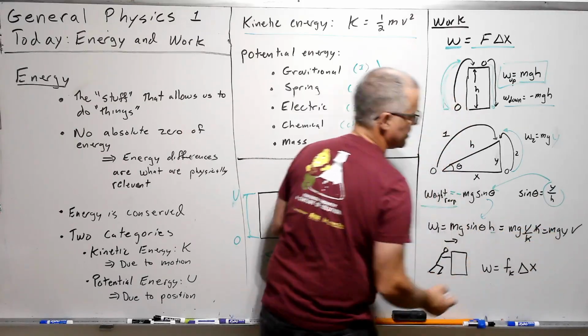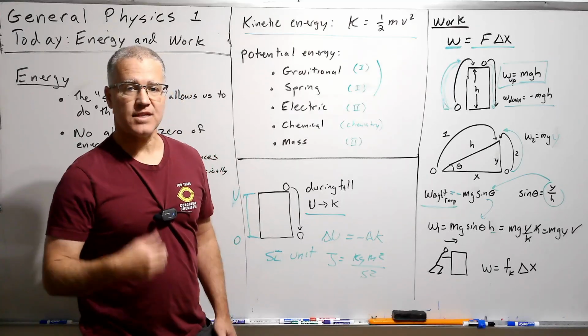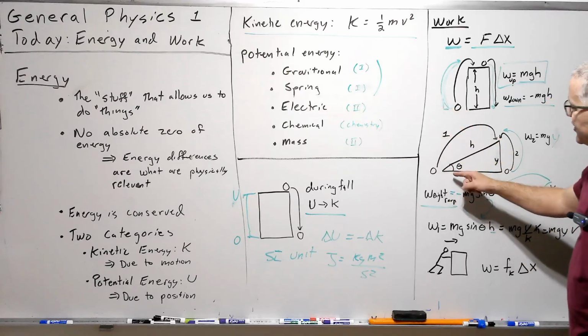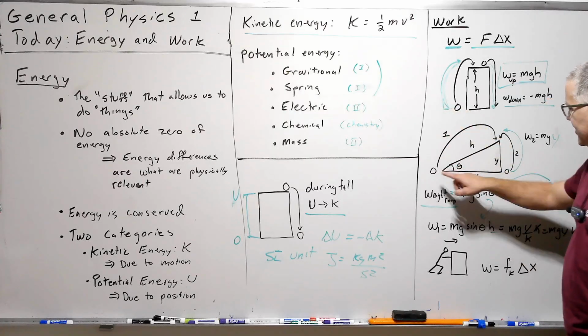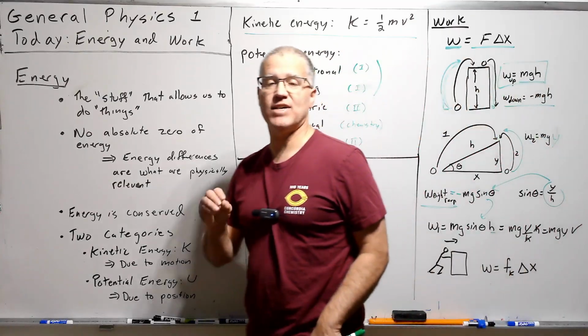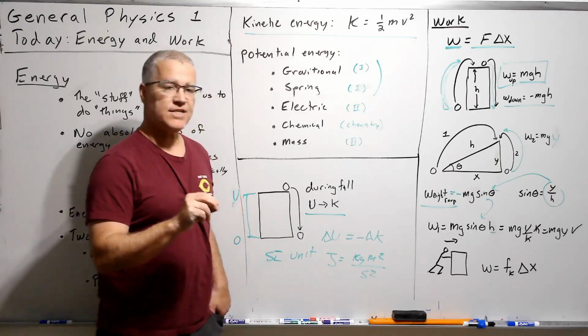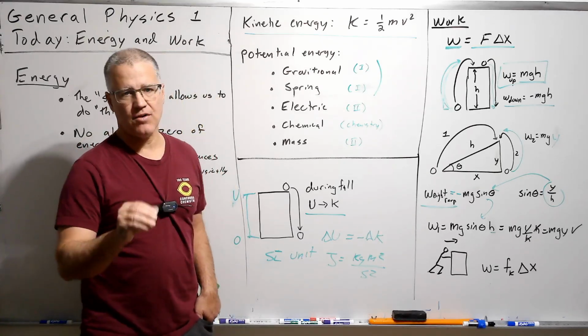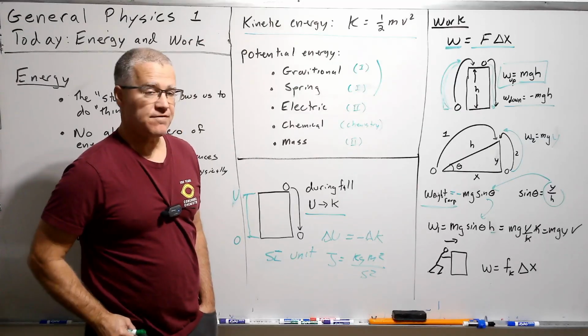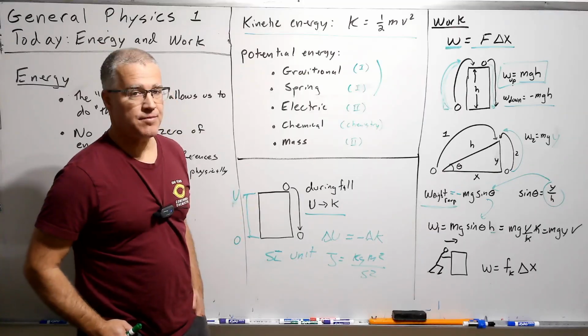The h will cancel, and we'll get mgy. And so, again, the energy due to position. We started on the ground, we finished at the top. It does not matter how we got there. In both cases, we end up with the same amount of energy difference, and in this case, the same amount of work.